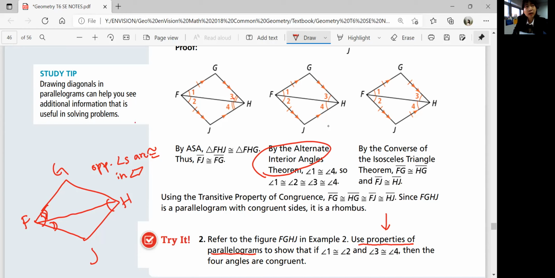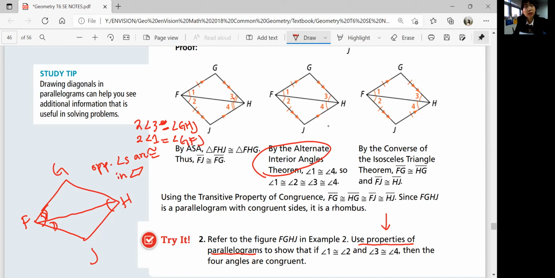So 2 times angle 3 is equal to angle GHJ, right? GHJ. And then 2 times angle 1 is equal to angle GFJ.